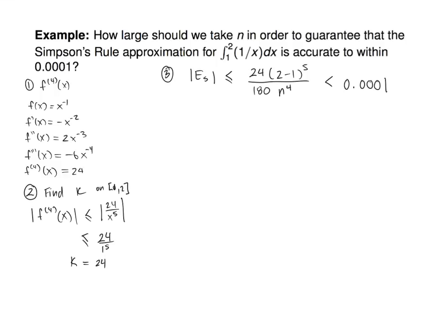Okay, so does it make sense that's the same thing as 24 over 180 is less than 0.0001 times n to the fourth? Oh, that would have been easy. So you divide by 0.0001. So what is 24 over 180 divided by 0.0001?